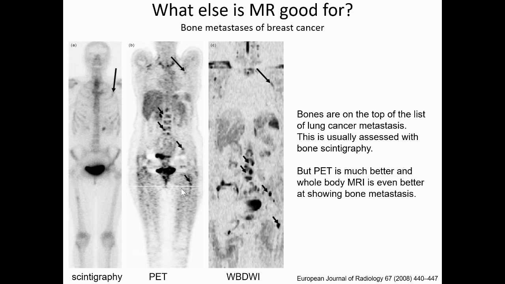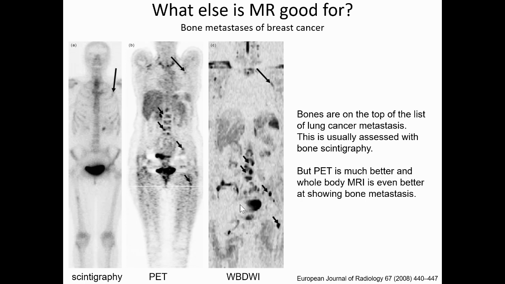If the patient goes into the PET scanner, then additional foci of metastatic bone lesions are revealed. However, whole body MR is the best because it is the most sensitive for bone metastases, and it'll show you the most lesions of the same patient.